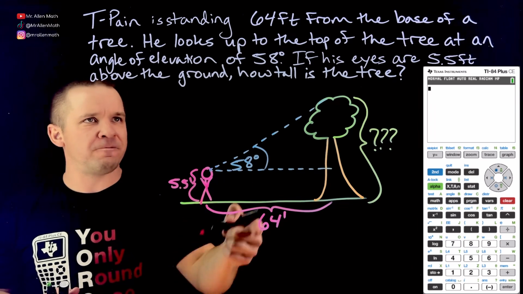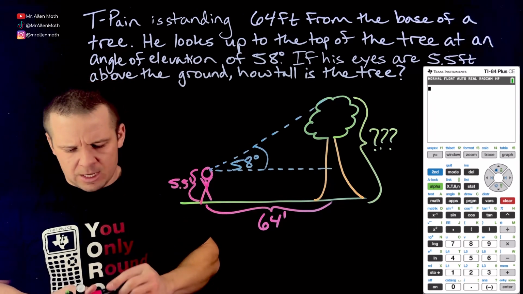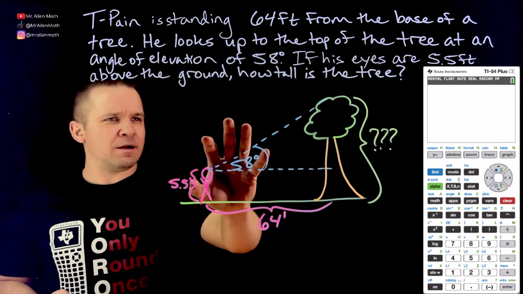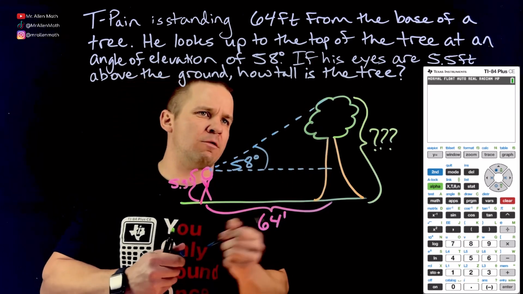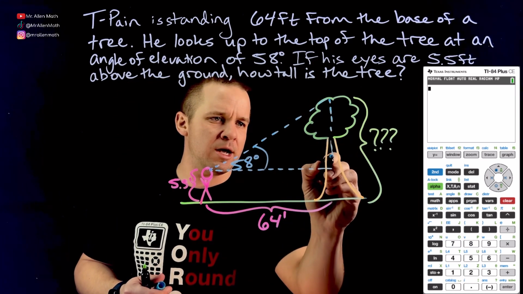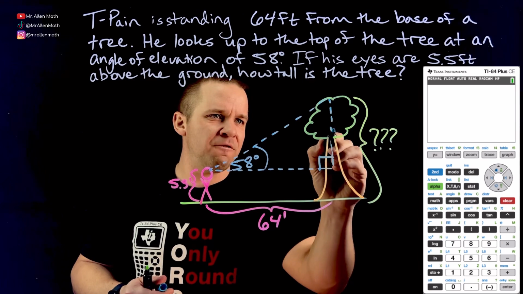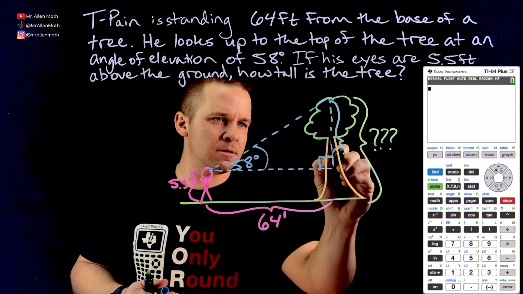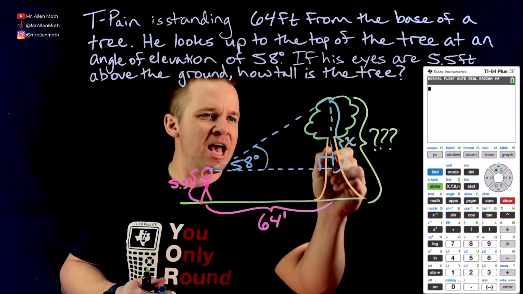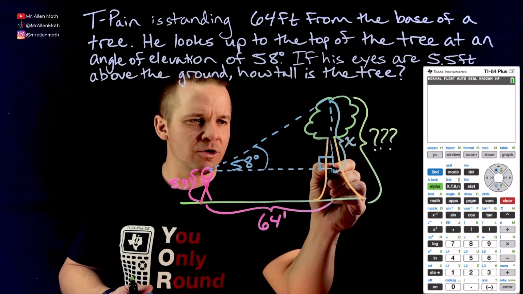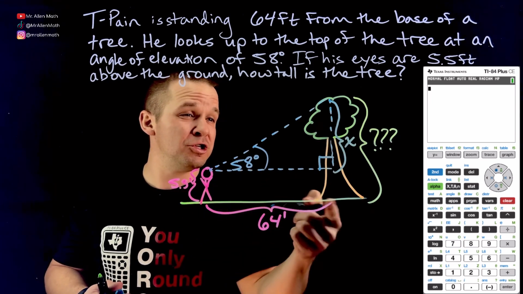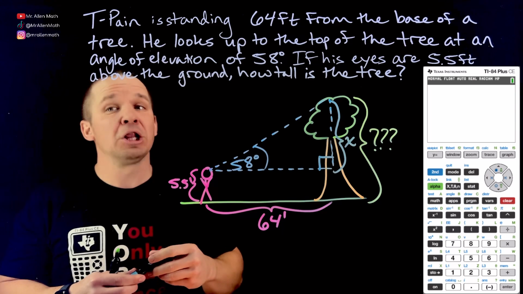We got our 64 feet. We got our 58 degrees. Could I get a right triangle going on here within this tree and figure out what this height is right here of x? And if I get that height, couldn't I just add the 5.5 feet to that? That seems like a logical plan.